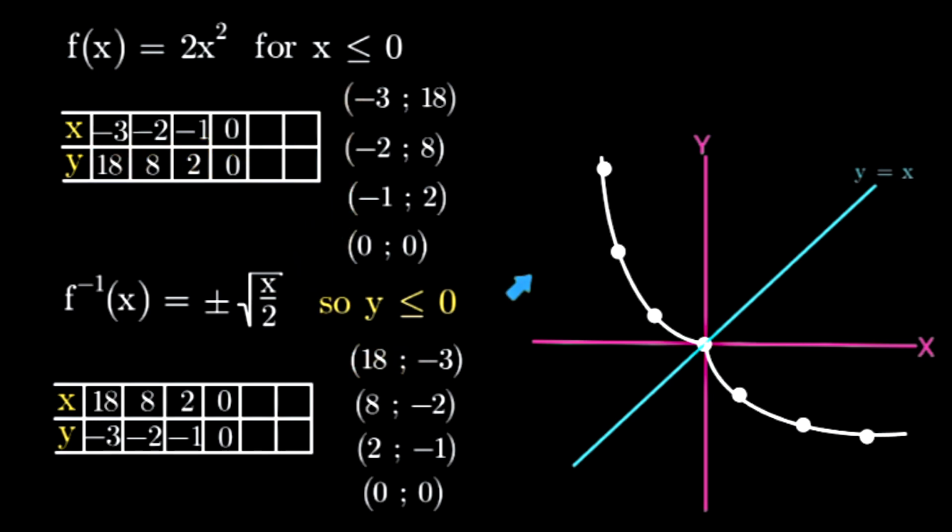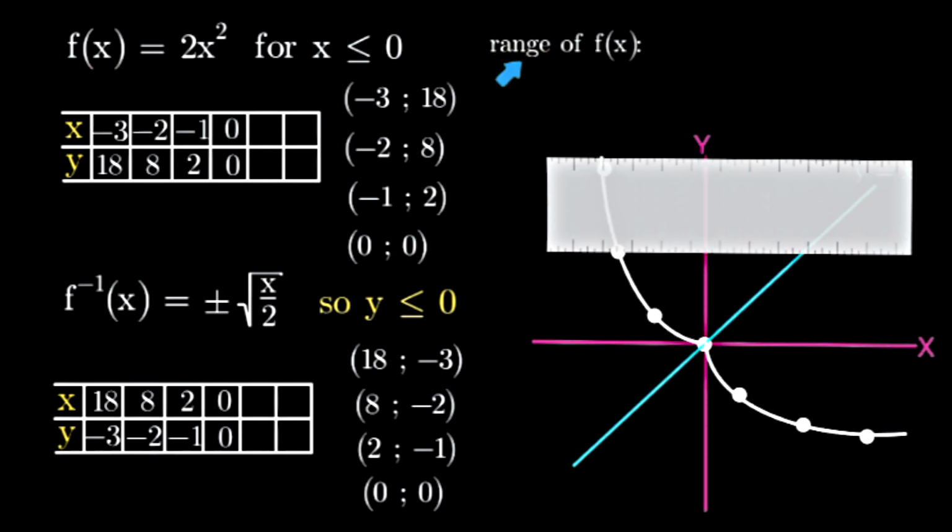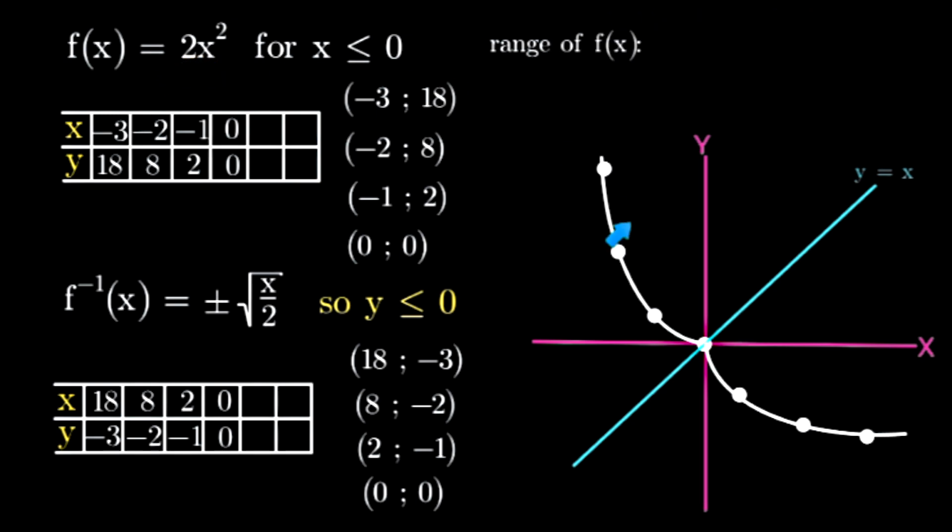Now, last thing, what is the range of f(x)? Now, f(x) is our original function, which is this. Now, range means how low to how high does this function go? So let's look at this leg. How low does it go on our y-axis? Well, it touches 0. How high does it go? Now remember, this graph will continue to go up to infinity.